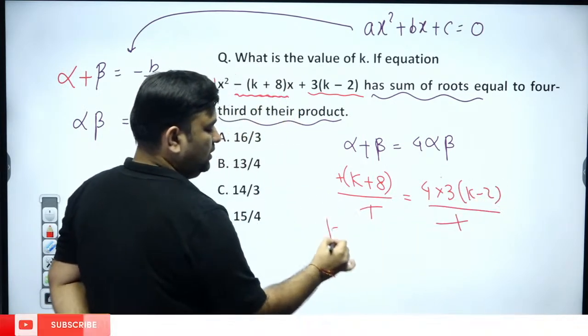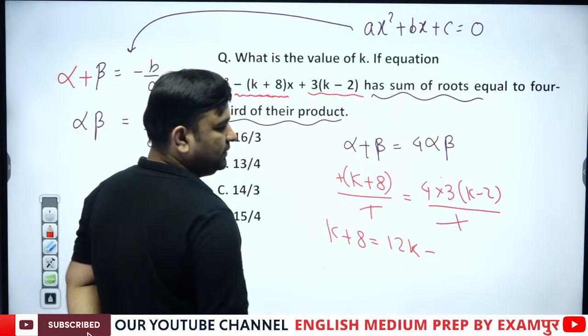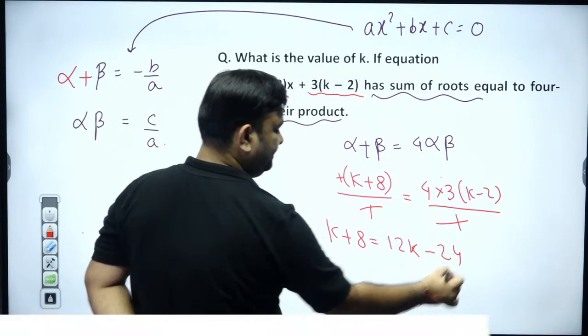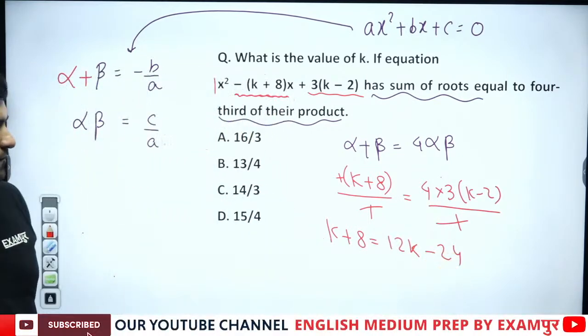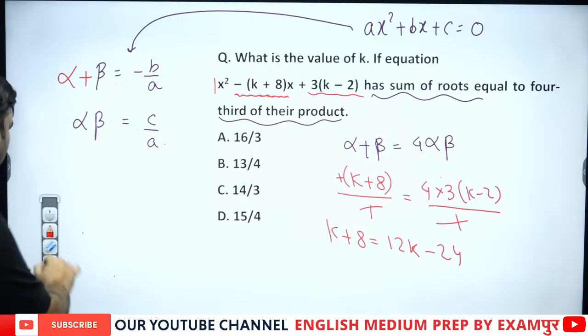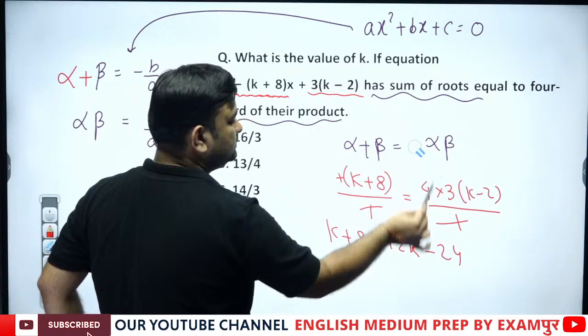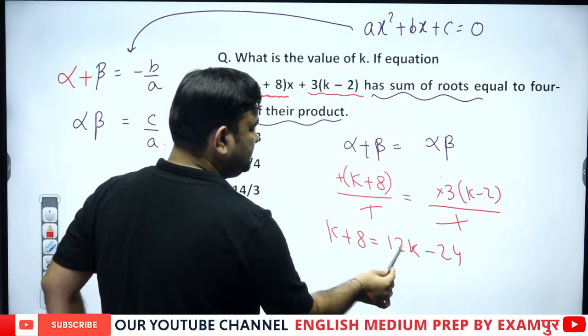K plus 8 is equal to 12k minus 24. Is it cool? Guys, why is 11 coming? 3/4. Oh my god.